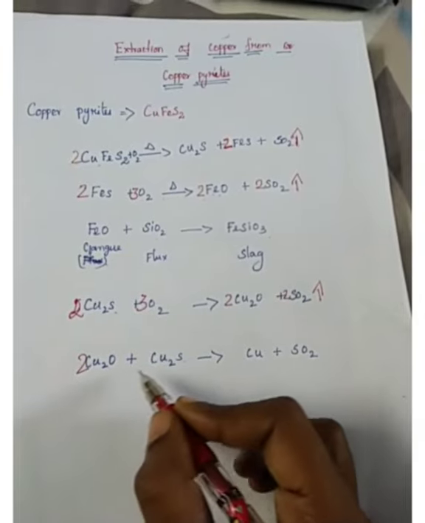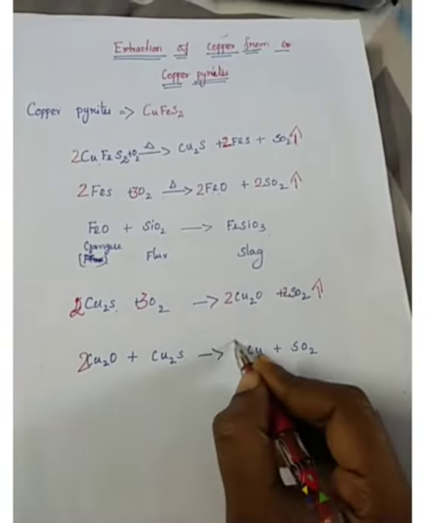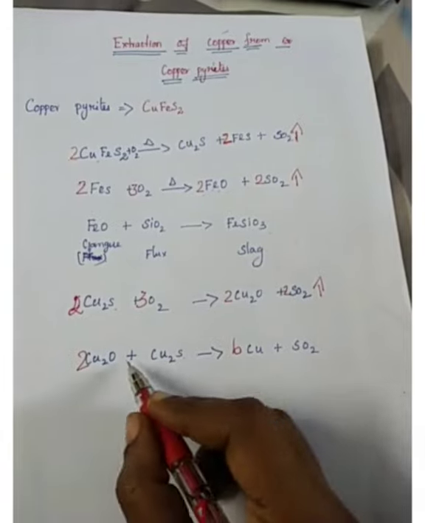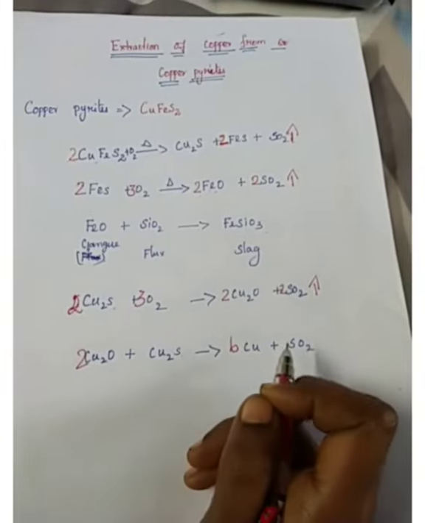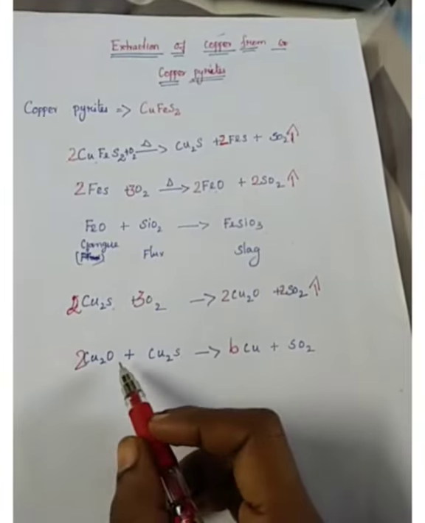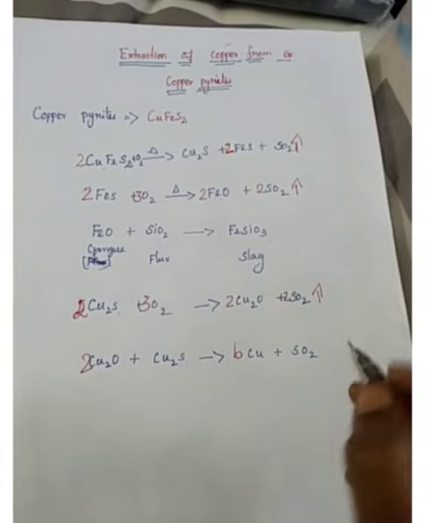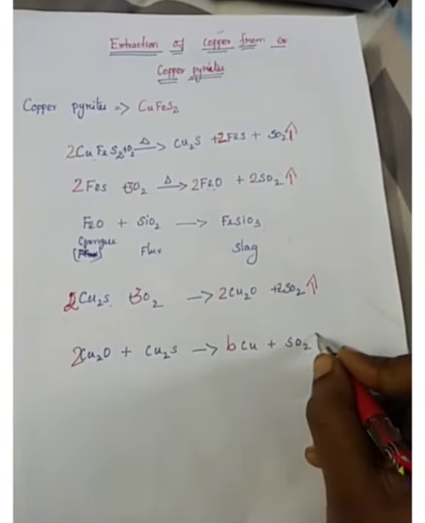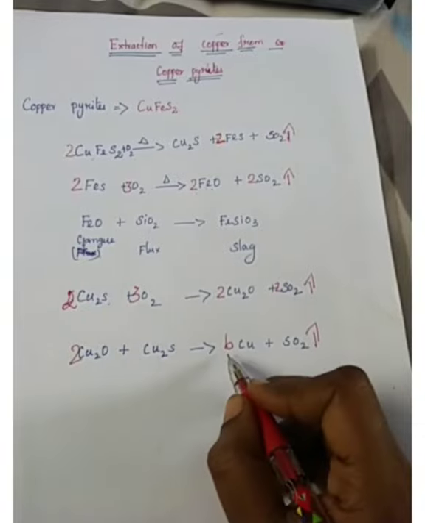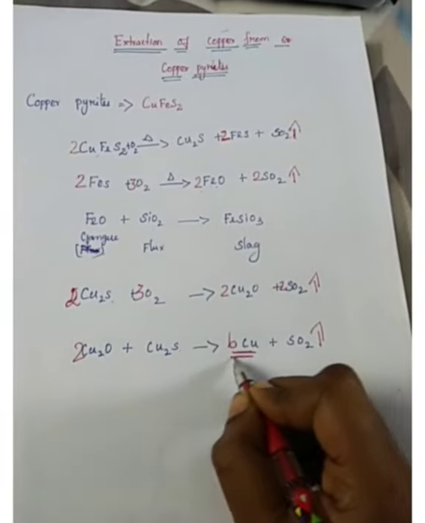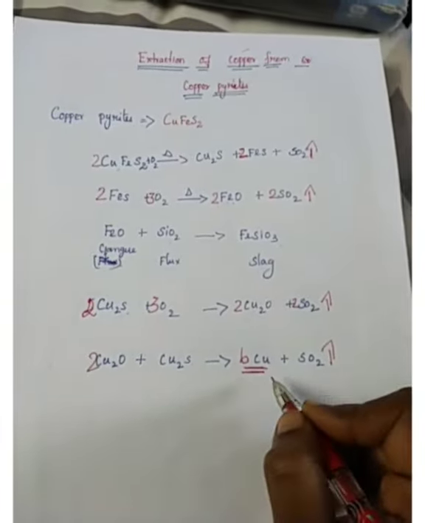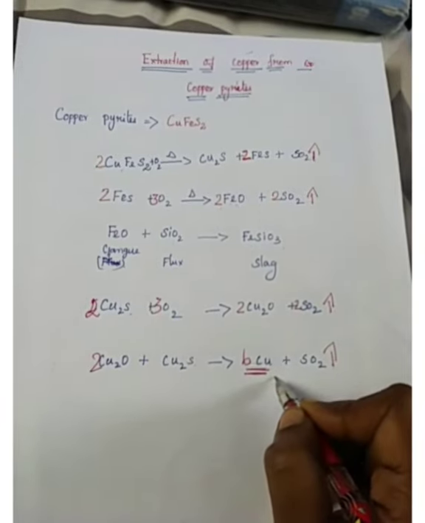Here 2. So 4 plus 2 is 6. So 6 Cu. Then only one S is present. Then 2 O, so SO2. This SO2 evaporates as gas. Now we get copper. This is the extraction of copper from copper pyrites.